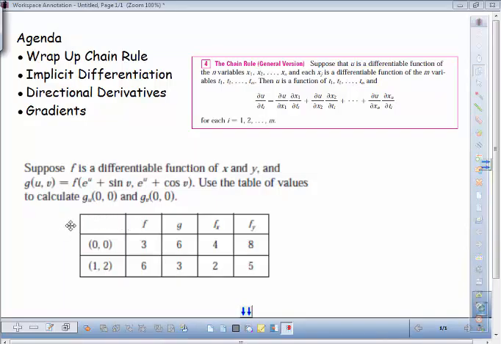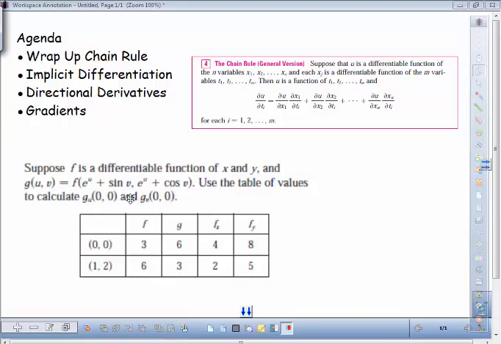Today we're going to take a look at this as our first example, where we're finding the derivative of the function. Use a table of values to calculate G_u evaluated at (0, 0) and G_v evaluated at (0, 0).